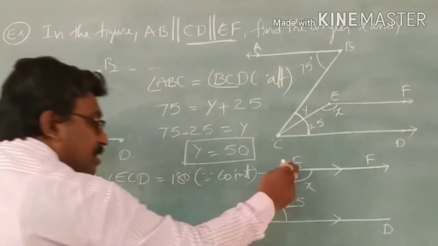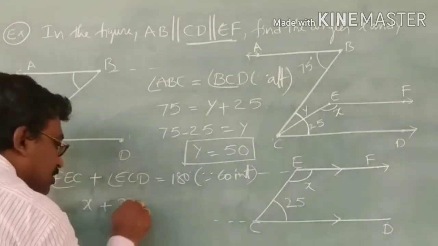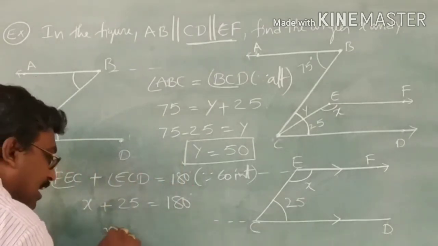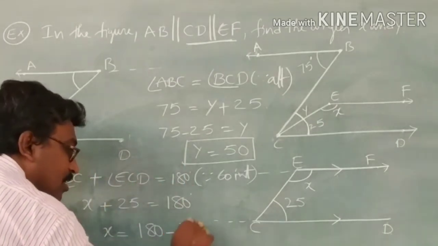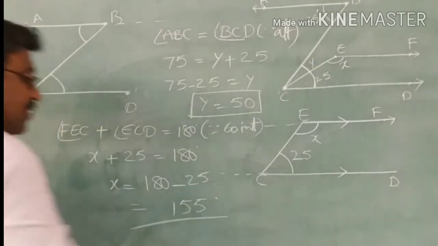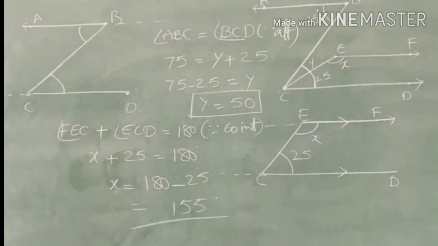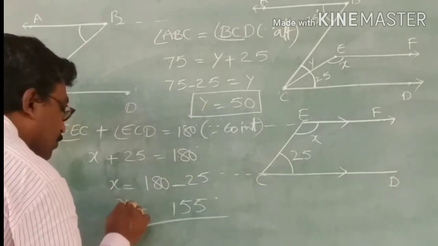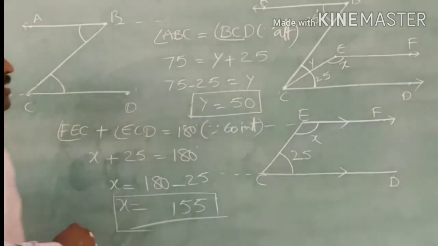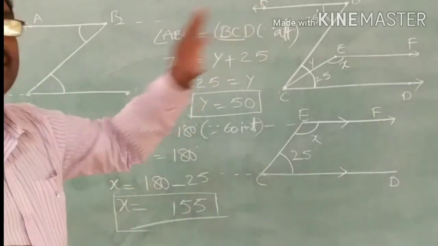X. ECD, how much? 25. Plus 25, go to that side, minus 25. So 180 minus 25, that is 155. Okay, so the x value is 155 and the y value is 50 degrees. So we got the values of x and y.